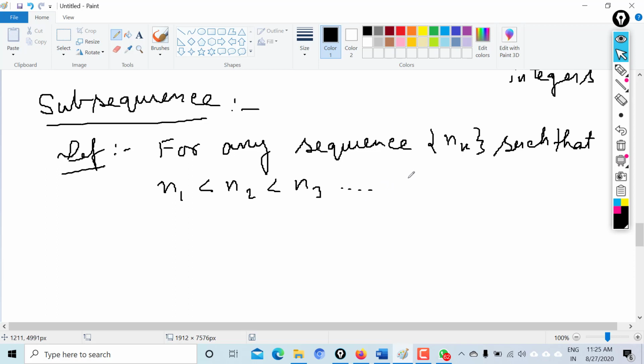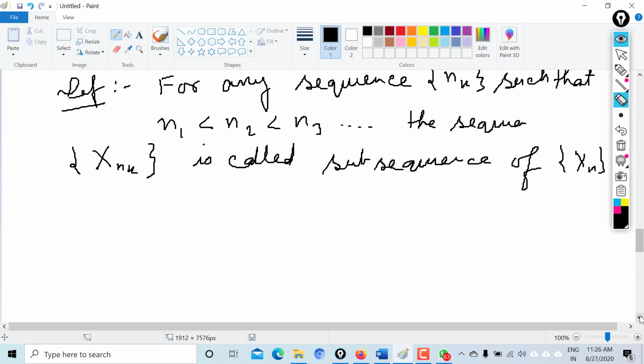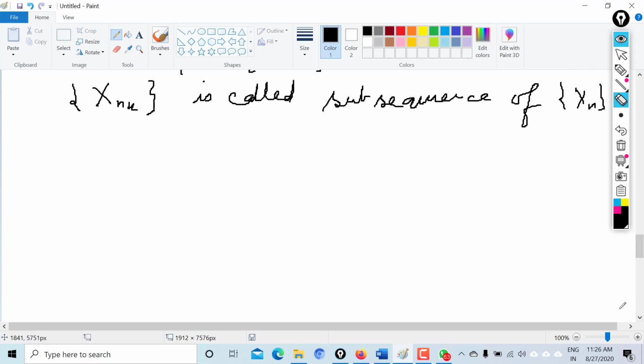The sequence x of n_k is called a subsequence of x. x_n has already been explained above, and the definition of a sequence is already explained.